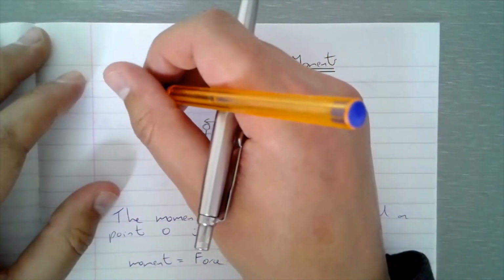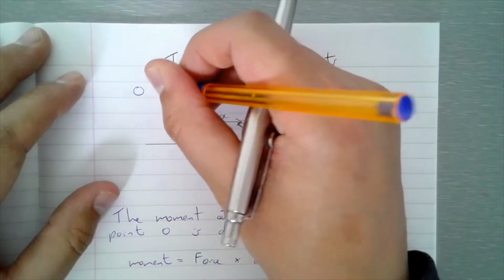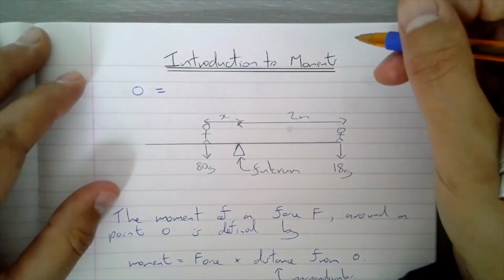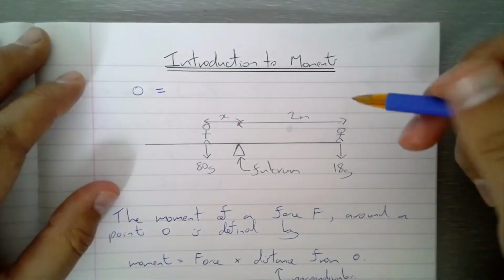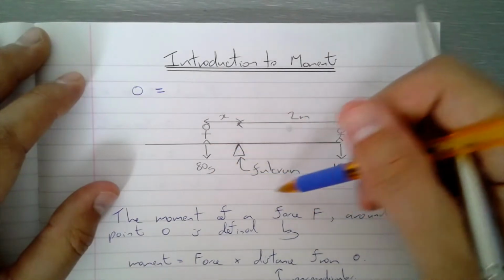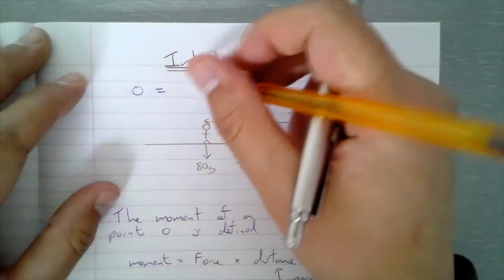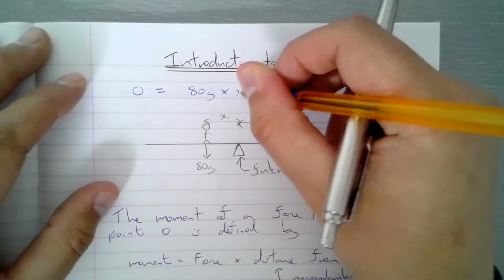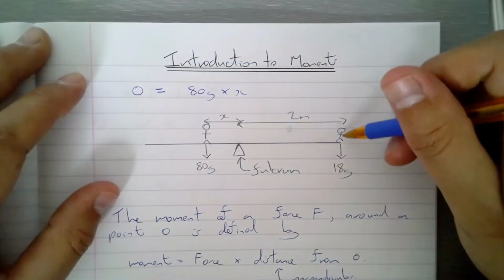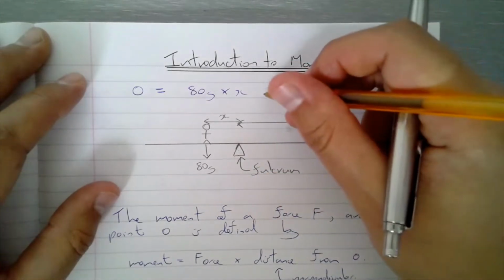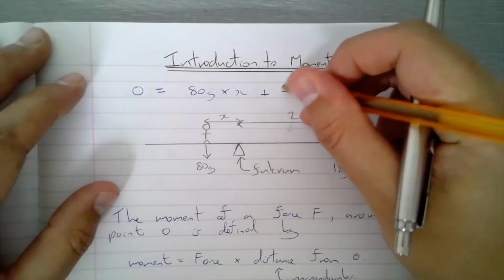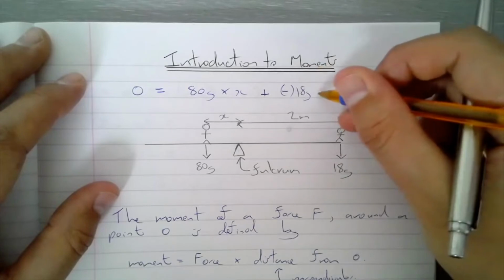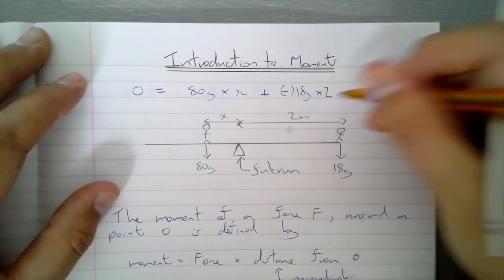So if the total moment is 0, and that's equal to the 2 moments that are acting, we've got this one, which is me. I'm going around in the positive direction. So the force is 80g times x. Max is happening in the clockwise direction, so he's minus 18g times 2.